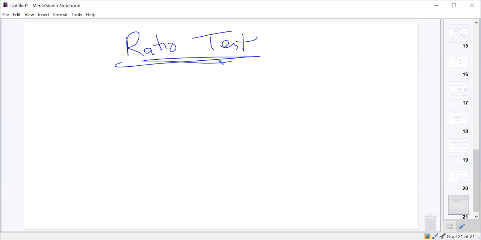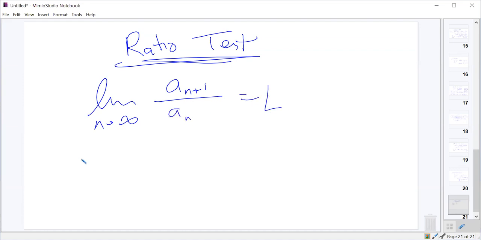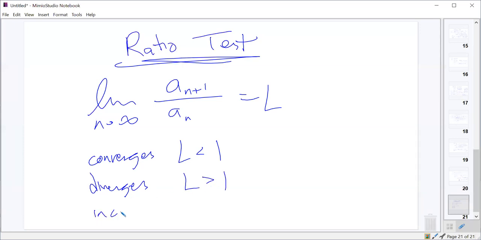The ratio test says, take a look for your series of a sub n at the limit as n approaches infinity of the n plus first term divided by the nth term, and get some value L for your limit there. This converges if L is less than 1. This diverges if L is greater than 1. And it is inconclusive if L equals 1.